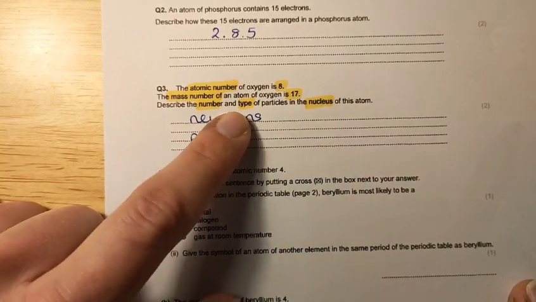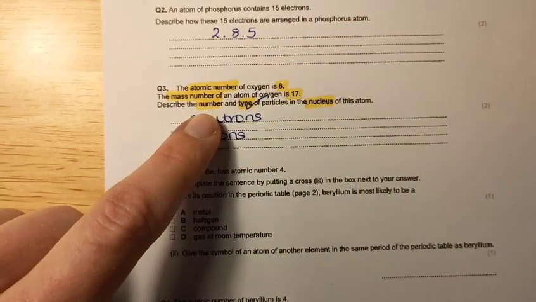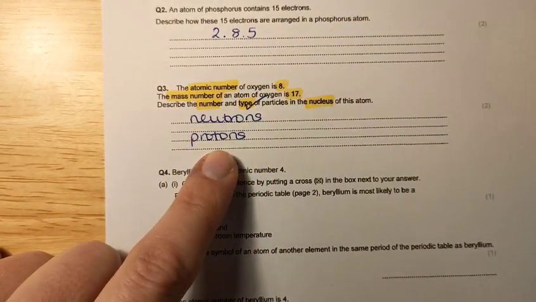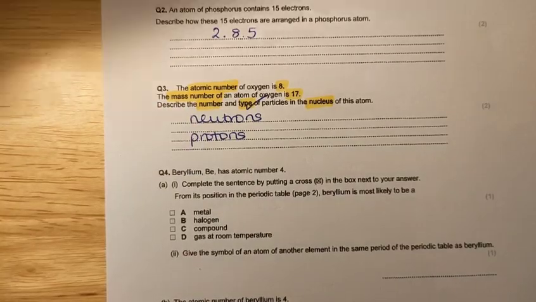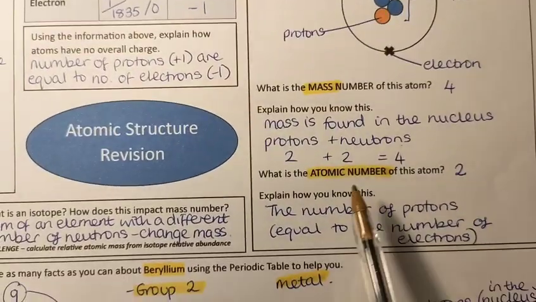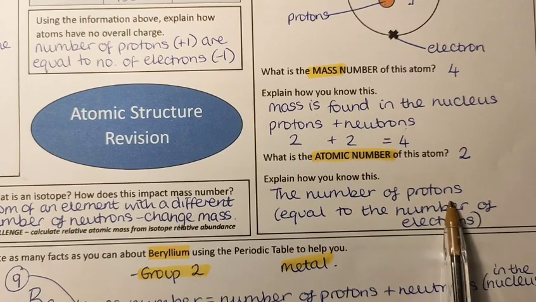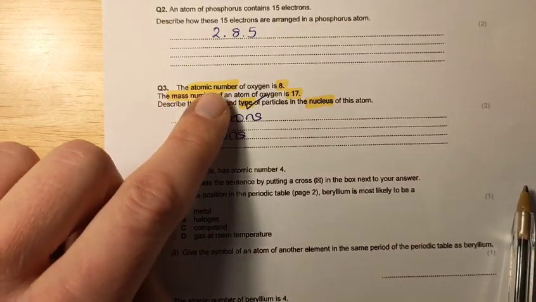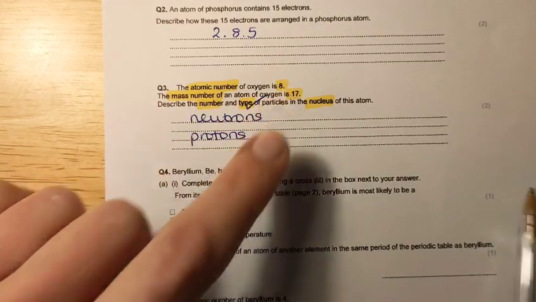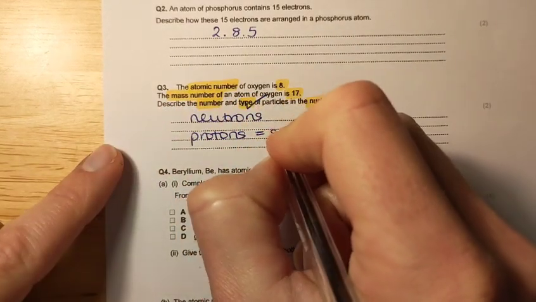So in the nucleus, so that's the type done, now the number of those. If we go back again to our previous one, it says on here, the atomic number is the number of protons. So if you look at this atomic number, that's the number of protons, which is 8.